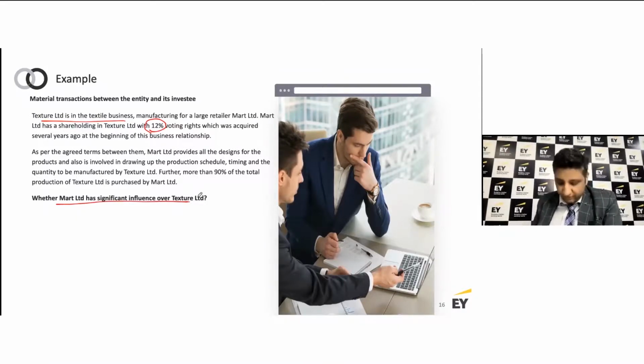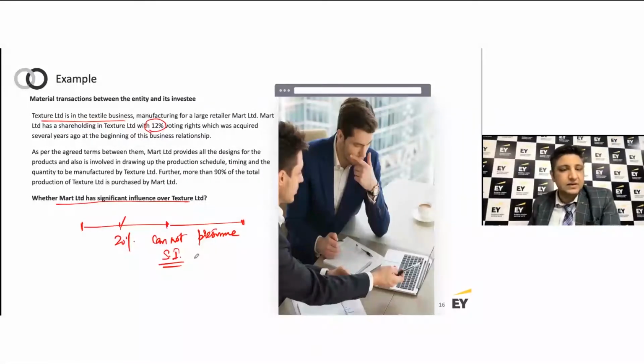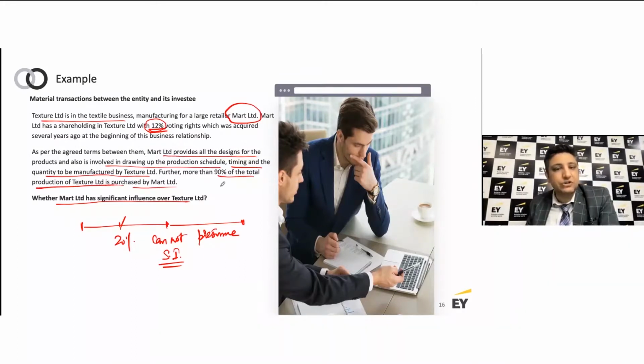Okay. Now, again, you bring that perspective: with anything less than 20%, you cannot presume significant influence. Let's quote it as SI. But very clearly, Mart Limited, even with 12% voting rights, may demonstrate that the designing element, drawing up the production schedule, the timing of those, how many units are to be manufactured, and 90% of the business of Texture Limited is driven through Mart Limited.